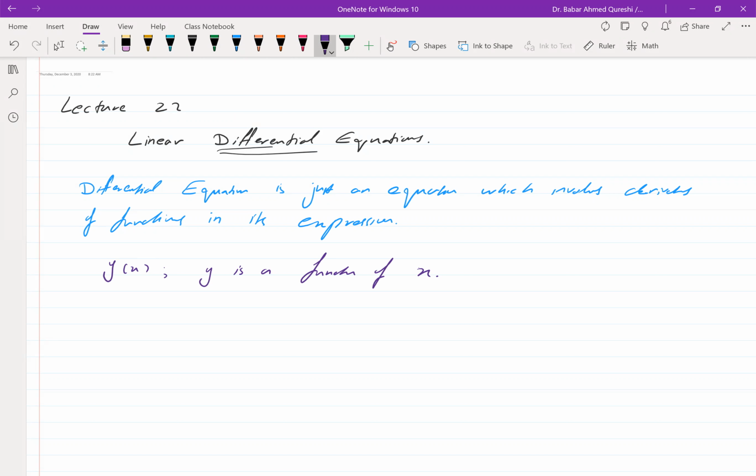For example, the second derivative of y with respect to x times x squared, plus y times the first derivative, plus the derivative of x squared minus xy, is equal to 3y squared.